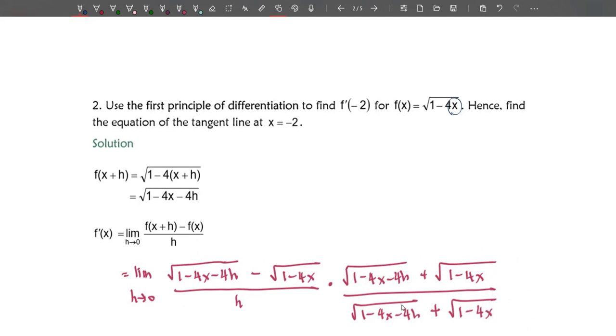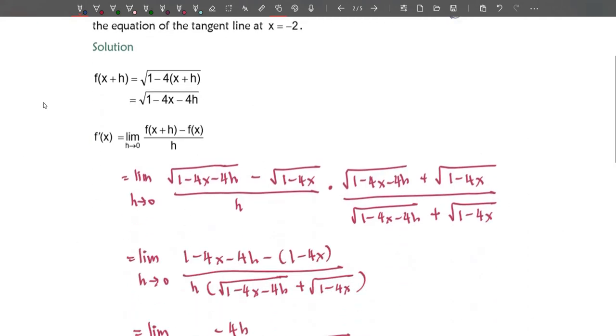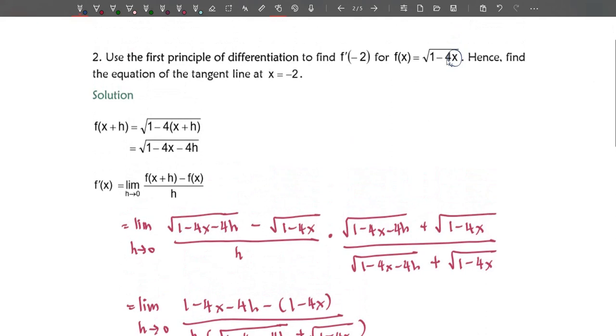Okay, and here to determine f prime x, we have the limit as h approaches 0 of f(x plus h) minus f(x), divided by h. So f(x plus h) is this term, the root of 1 minus 4x minus 4h, minus the f(x), which is here the root of 1 minus 4x, the earlier one that had been given to us.